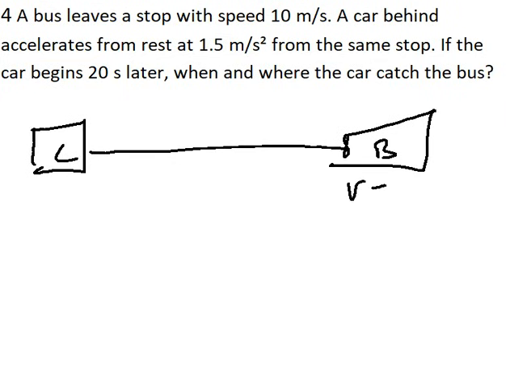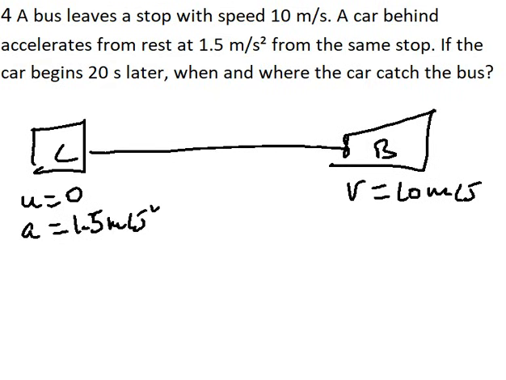The bus moves at a constant speed of 10 meters per second, and the car starts from rest, initial velocity zero, with acceleration 1.5 meters per second squared. The car begins 20 seconds later, so the car is behind the bus by 20 seconds. When and where does the car catch the bus? After how long? This is a typical chasing case.